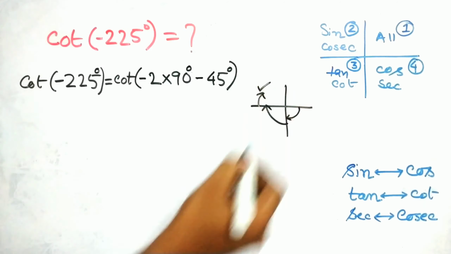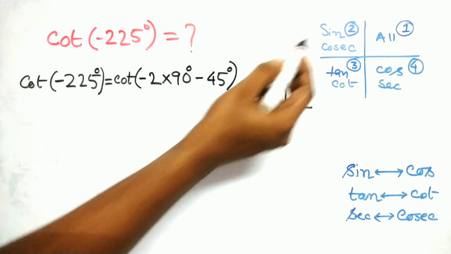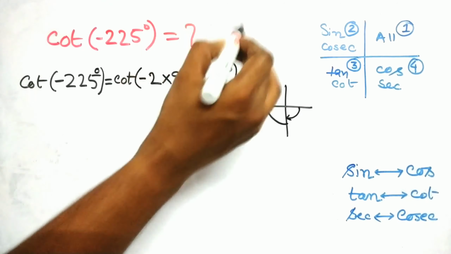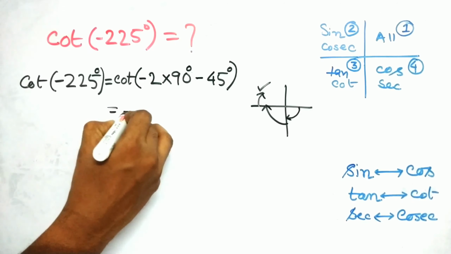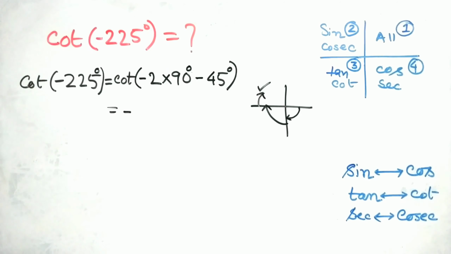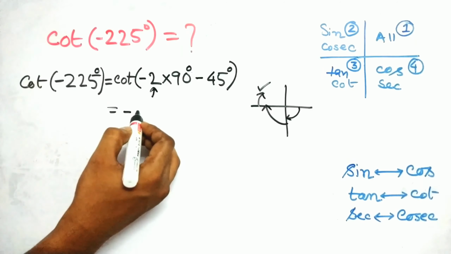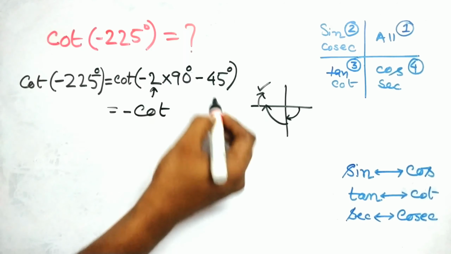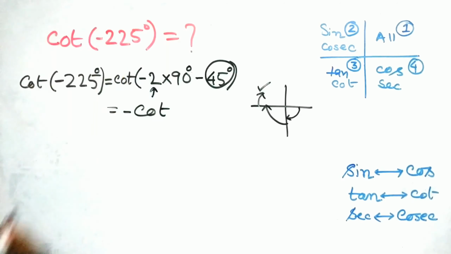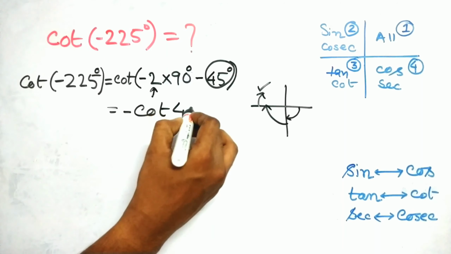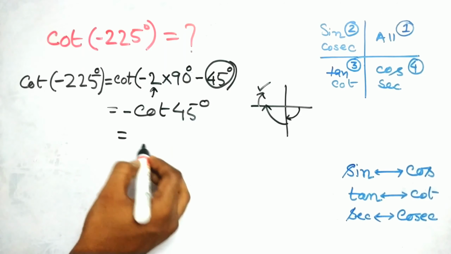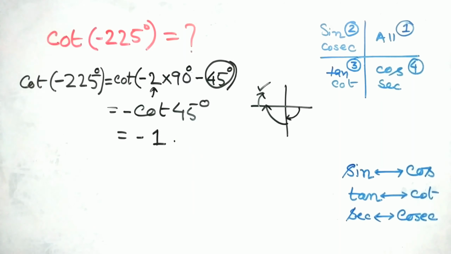Now it is in second quadrant, and second quadrant is occupied by sine and cosec. So that is why it is negative, because it is not a quadrant for cot. Now because it is even, so cot will be continued. So it will be cot, and we will just put this 45 degree. Now minus cot 45 degree is minus 1.